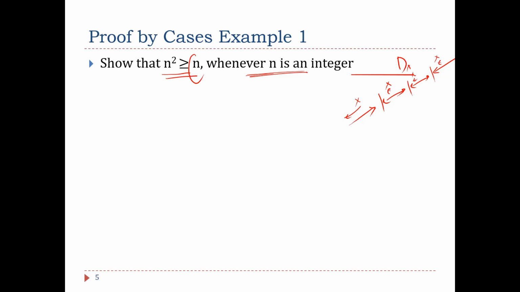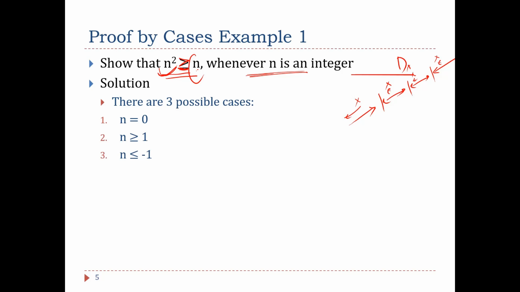Okay, but quickly we realize that even if it's negative or it's null, it does not really matter. Maybe the smallest value of n squared is when it's null, and then even then it would be greater than or equal. So there are three possible cases: n equal to 0, n is greater than or equal to 1, or n is less than or equal to -1.